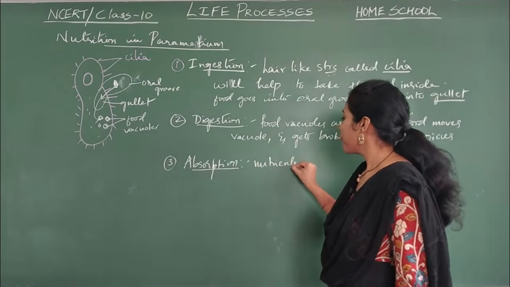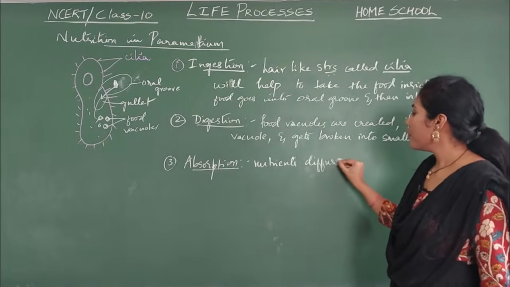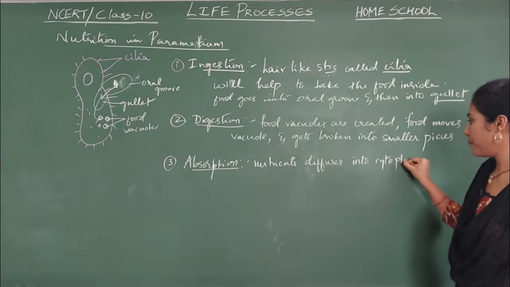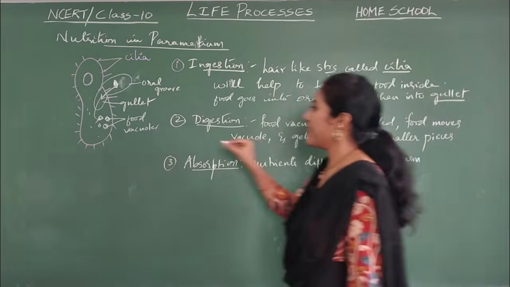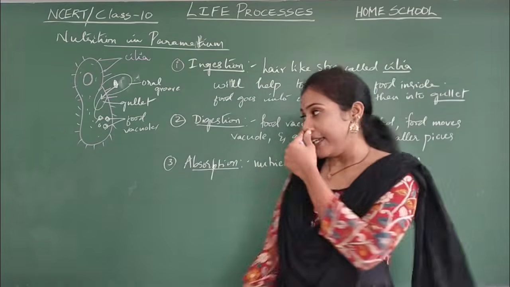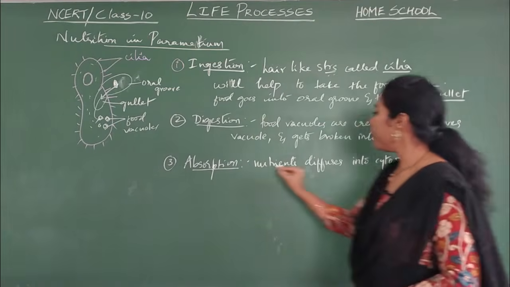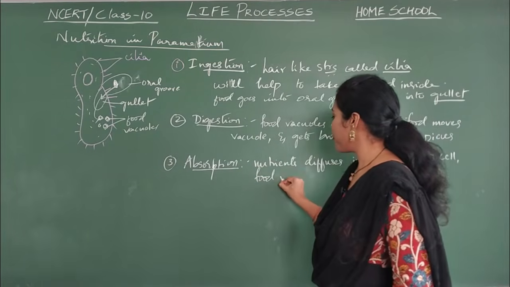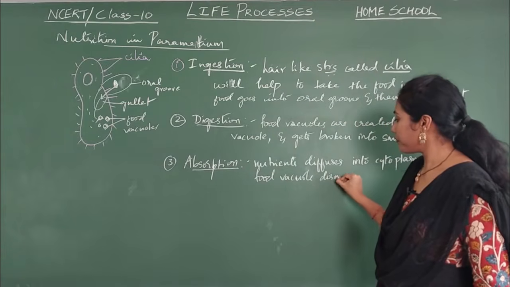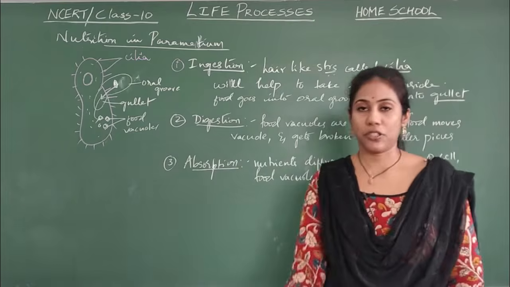Nutrients diffuse, in the sense move, where? Into the cytoplasm of a cell. The area of the cell where the nucleus and all is there is called cytoplasm. It will move into the cytoplasm of the cell, and the food vacuole disappears. So this is all about absorption.